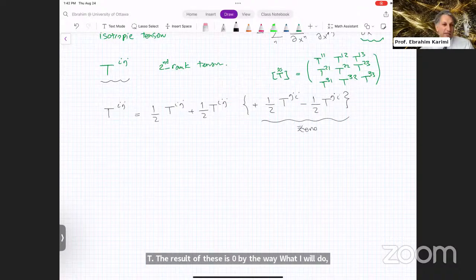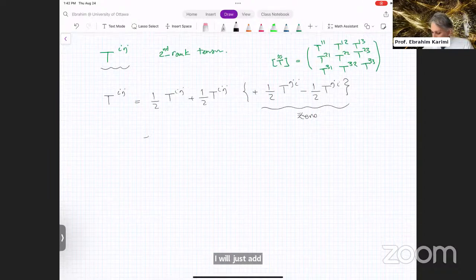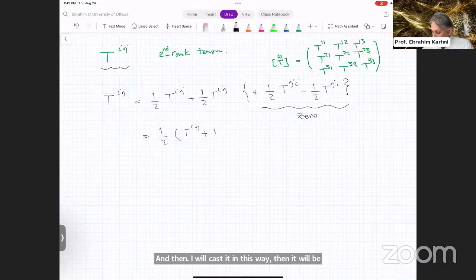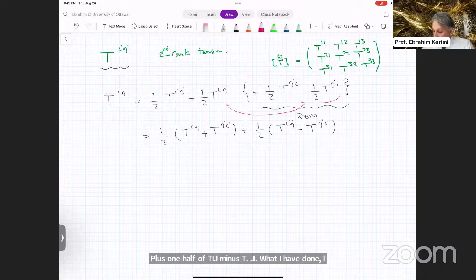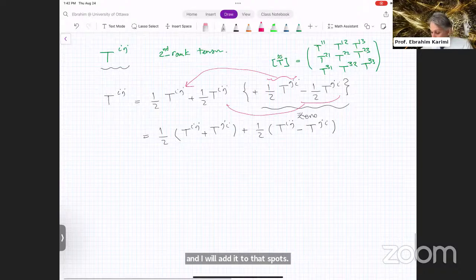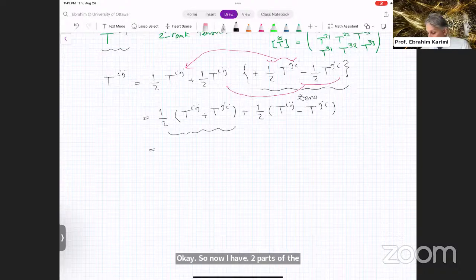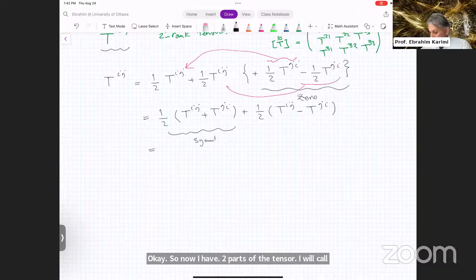I just add and subtract this value and then cast it in this way: 1/2 of Tij plus Tji plus 1/2 of Tij minus Tji. I have taken these parts and added them to this, and these parts and added them to that part. So now I have two parts of the tensor. I will call this one the symmetric part, and this one the anti-symmetric part.